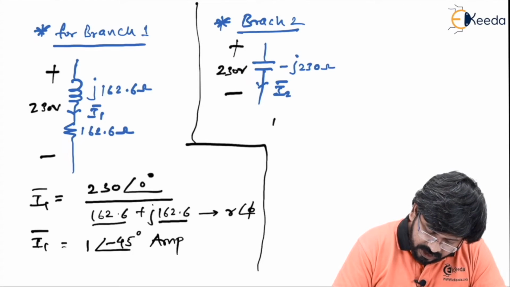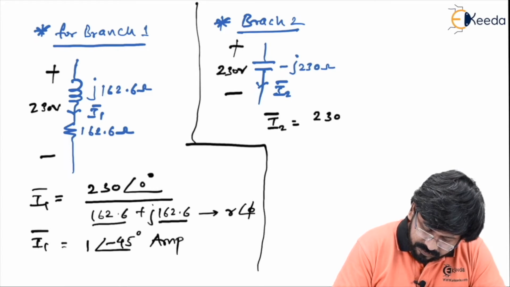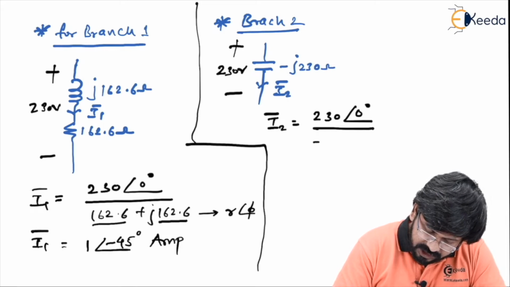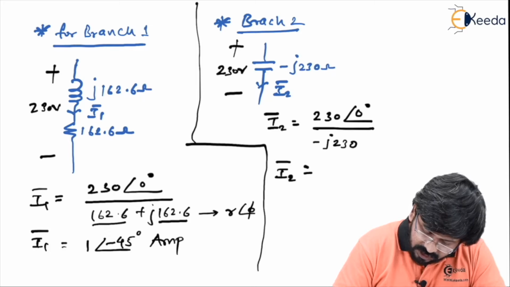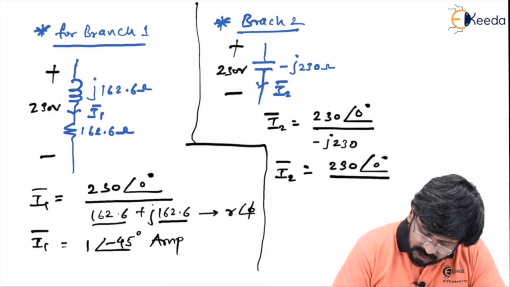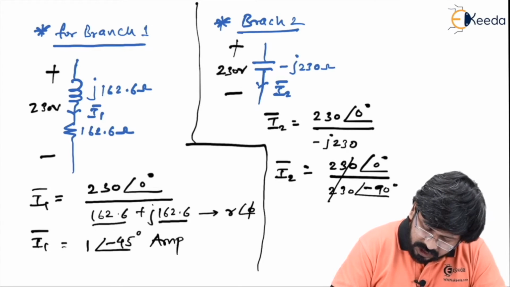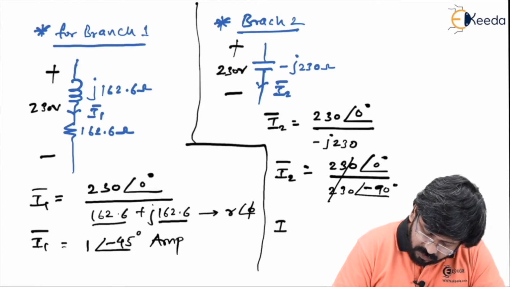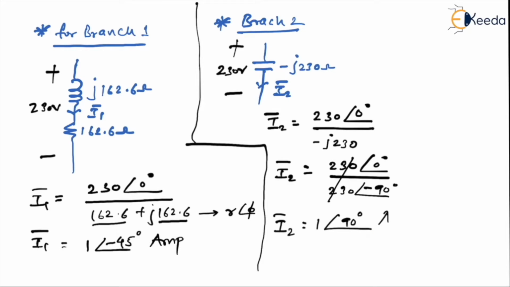In that case, the I2 vector by Ohm's law is 230 volt at an angle of 0 degree divided by the impedance minus j 230. You should know the polar value for the denominator, which is 230 at an angle of minus 90 degree. 230 gets cancelled. What remains is the I2 vector, which is simply 1 at an angle of positive 90 degree ampere.